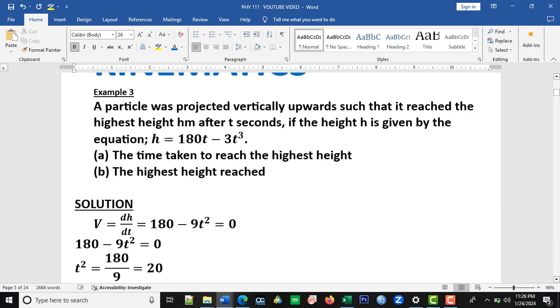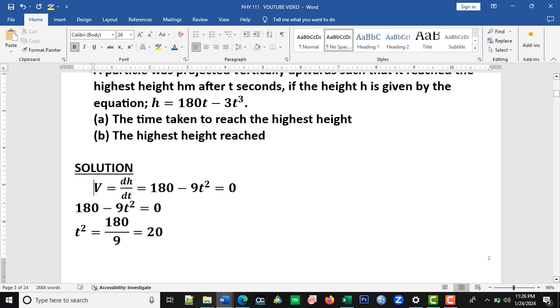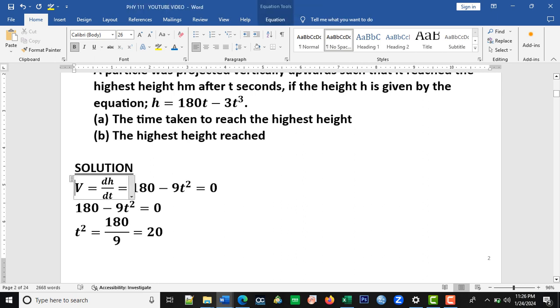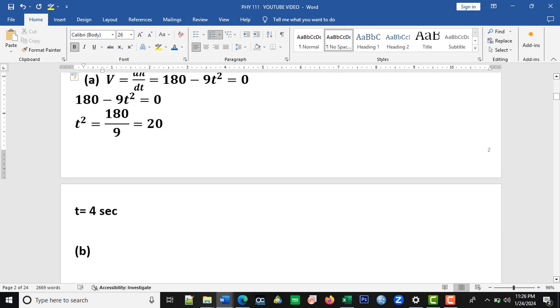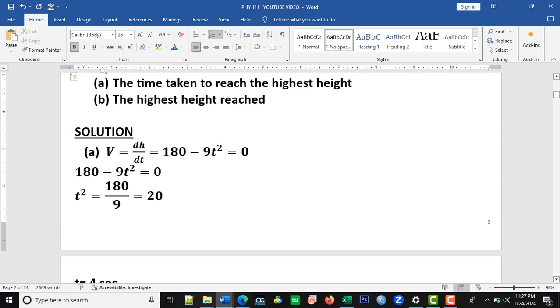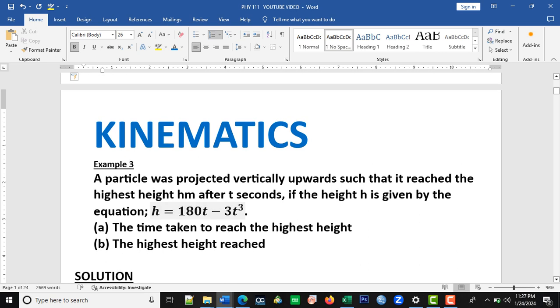Let me come here and put A. Okay, so the highest height reached, we pick the expression h equals 180t minus 3t cubed.